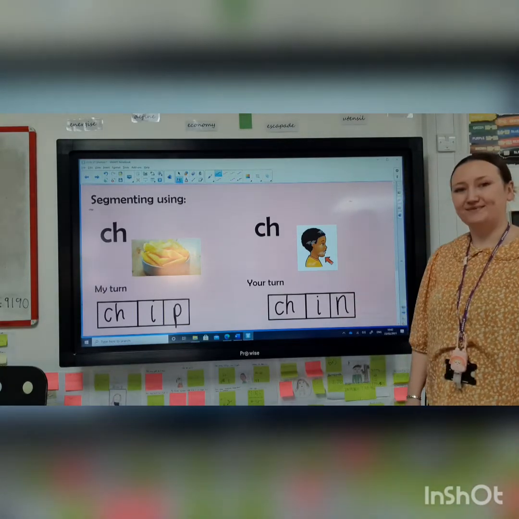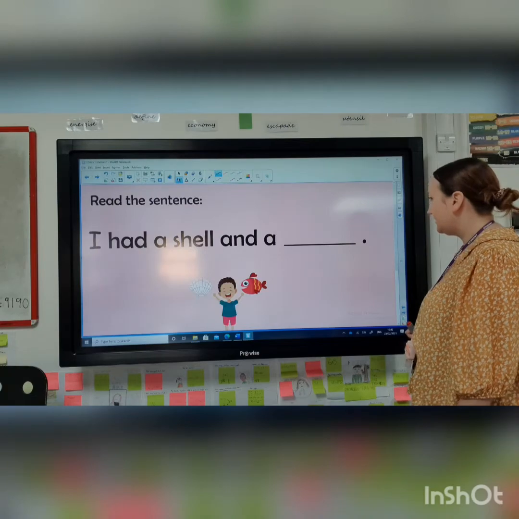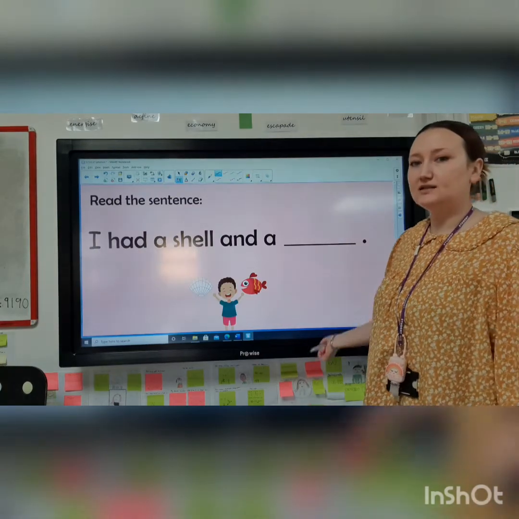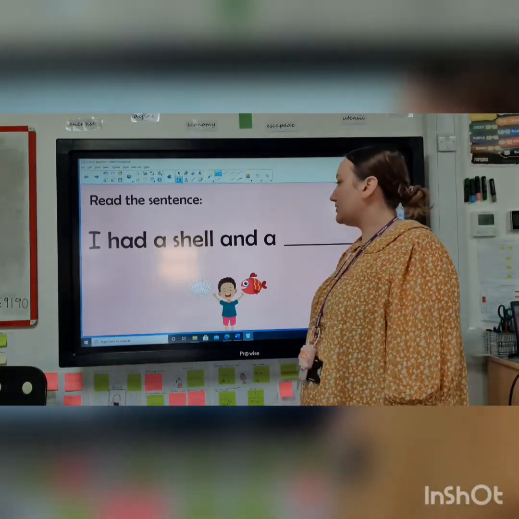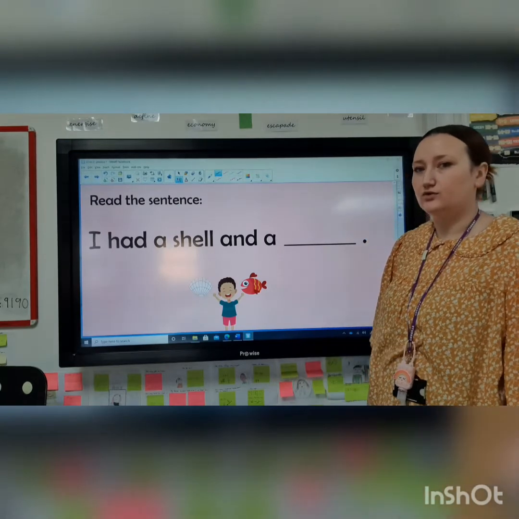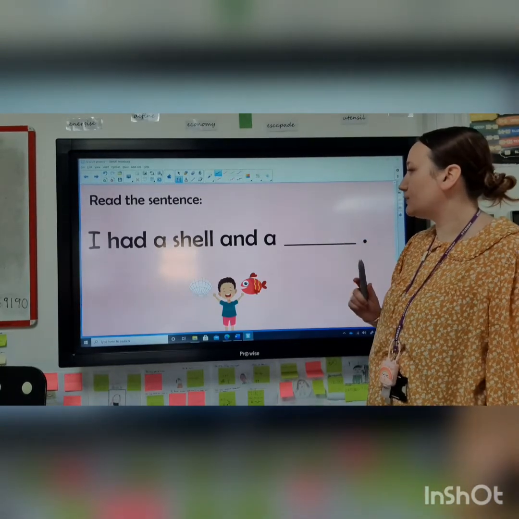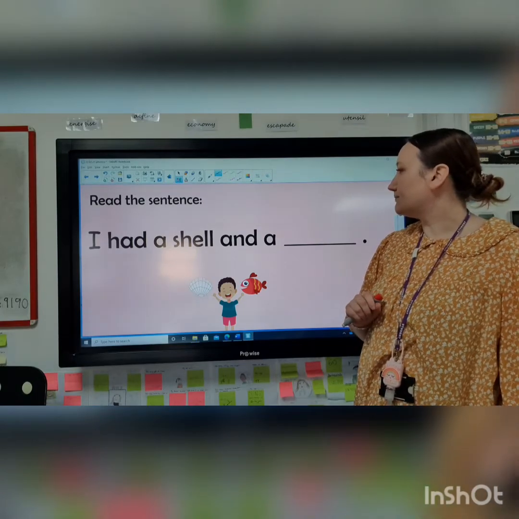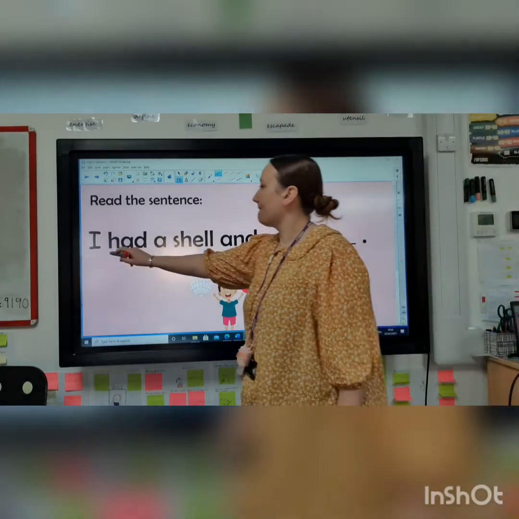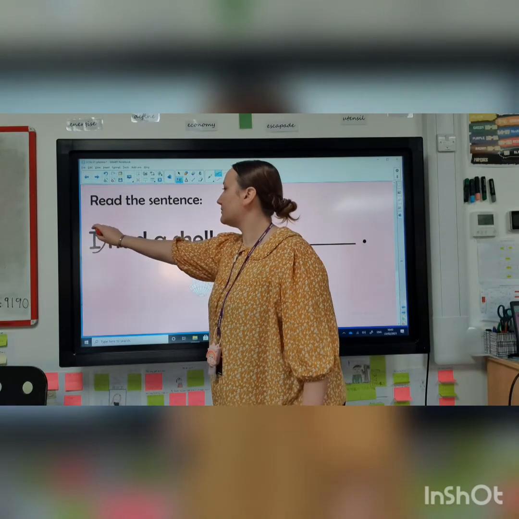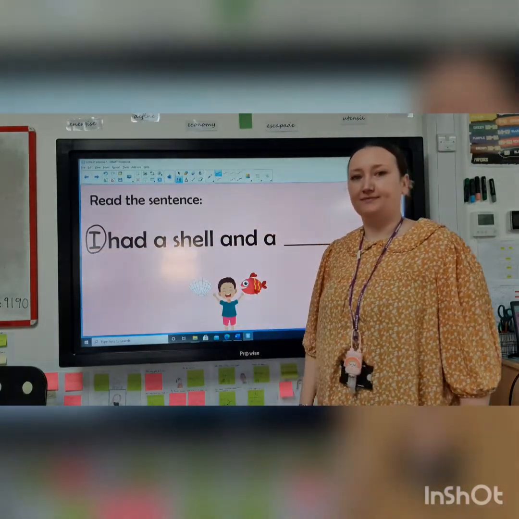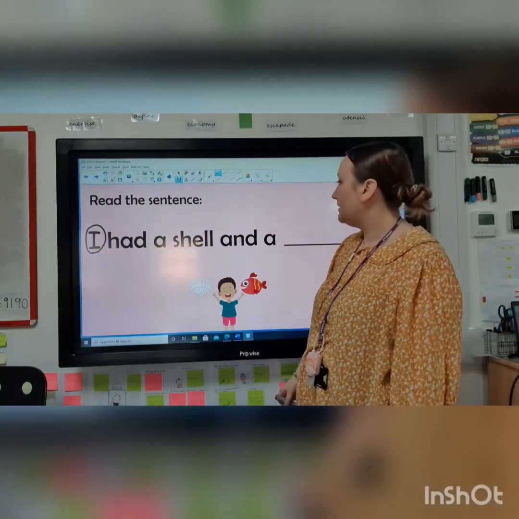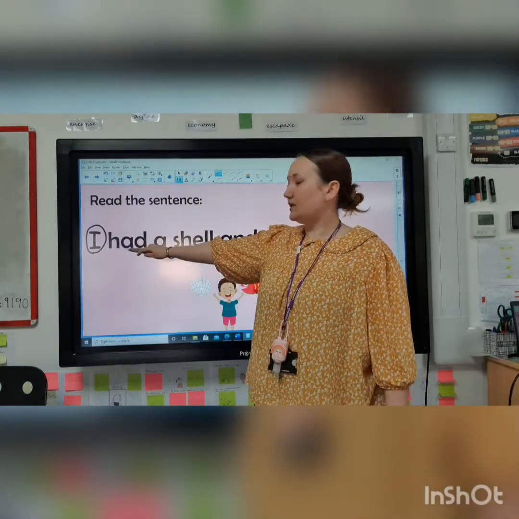Chin. Okay, good job. So now we're going to read this big long sentence, but I think you know a few of these words already because we've got some of our high frequency words and some of our tricky words. One here. I. And do you think you know this one?